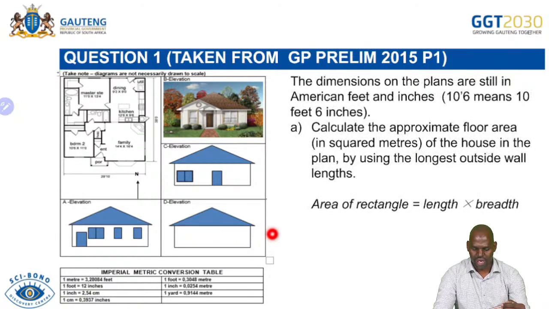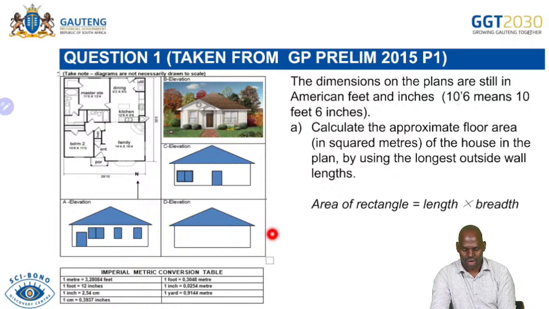For this one, they say the dimensions on the plans are still in American feet and inches. That means wherever you see 10, and 6, it means 10 feet and 6 inches.